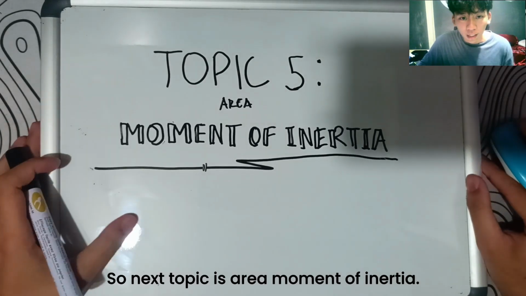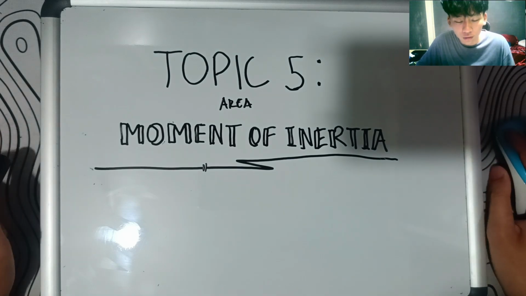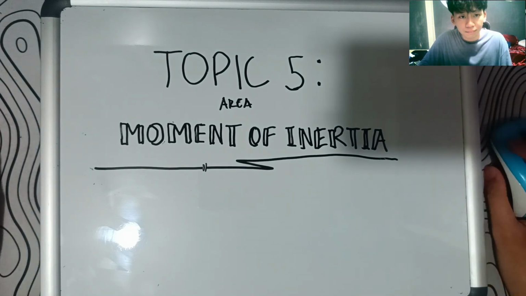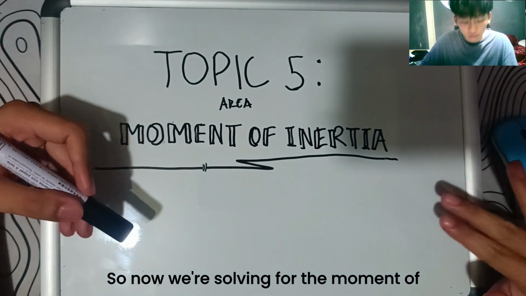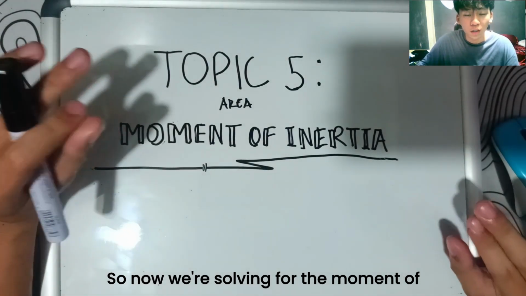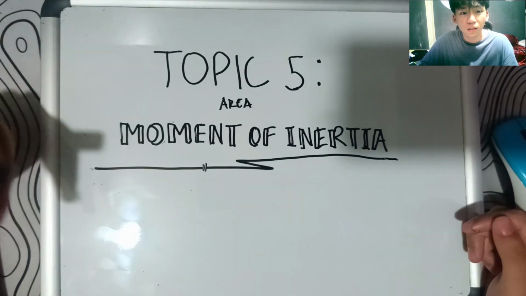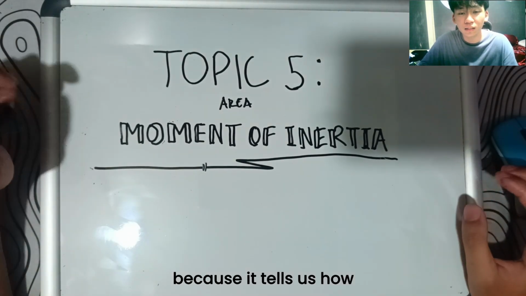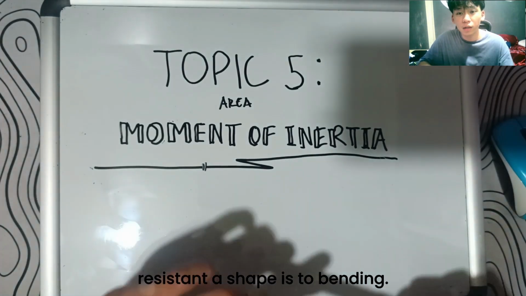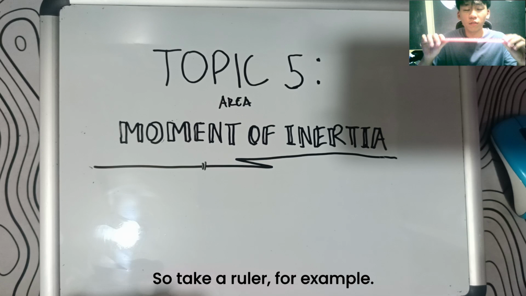So the next topic is area moment of inertia. Now we're solving for the moment of inertia about the x-axis. This concept is important in engineering because it tells us how resistant a shape is to bending. Take a ruler, for example.